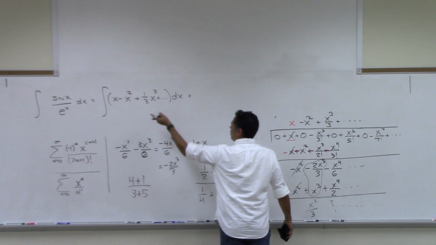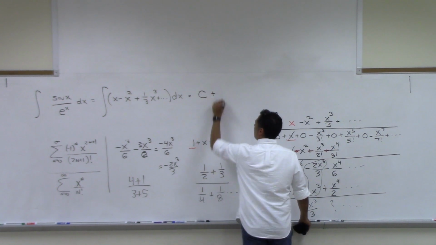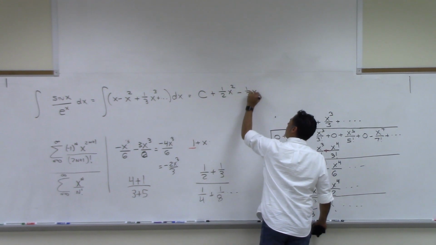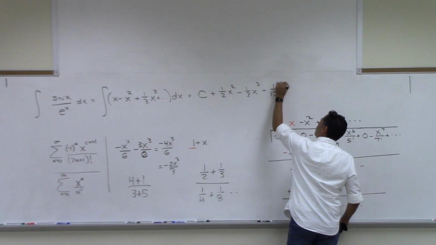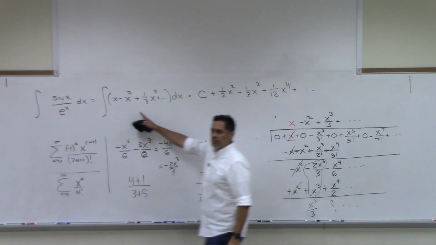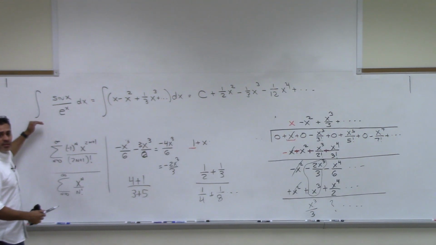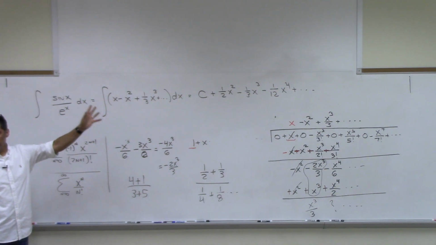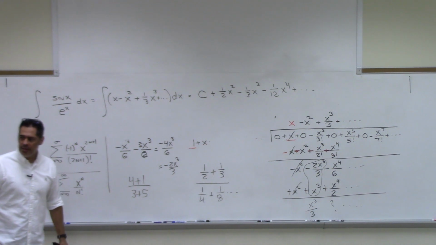Then this equals, now we do the antiderivative. I know I'm going to have a constant because I'm doing an antiderivative, and then I just integrate each one. And now, if you give me limits of integration, like from 0 to 1, then I just plug 0 and 1 in there, subtract, and I've got an approximate answer, and I can get as close as I ever need to be.